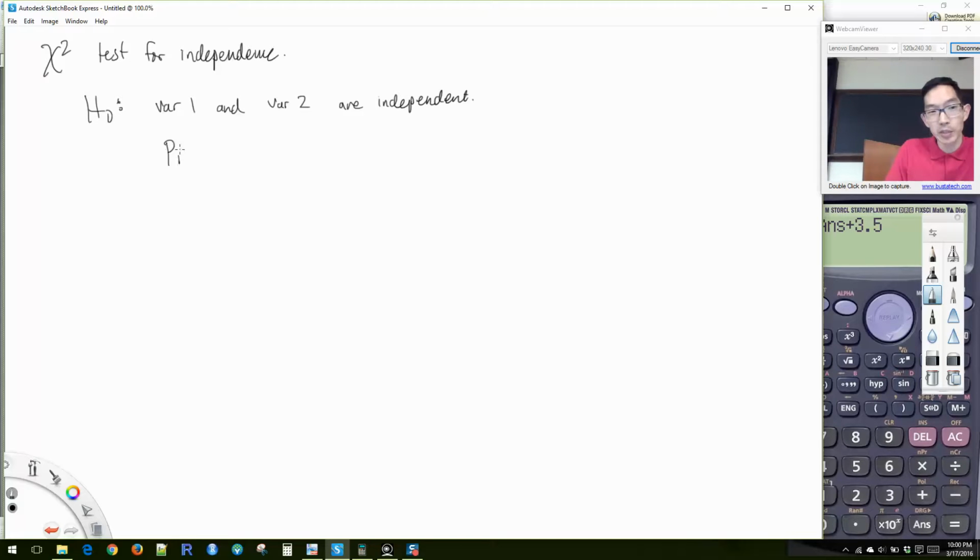We would write something like probability of A given B is equal to the probability of A given not B. Or possibly also equal just to probability of A. So if they're independent, then these would hold true.